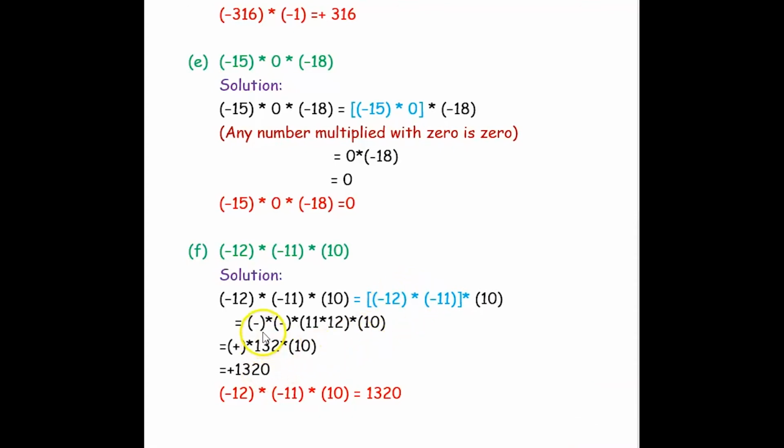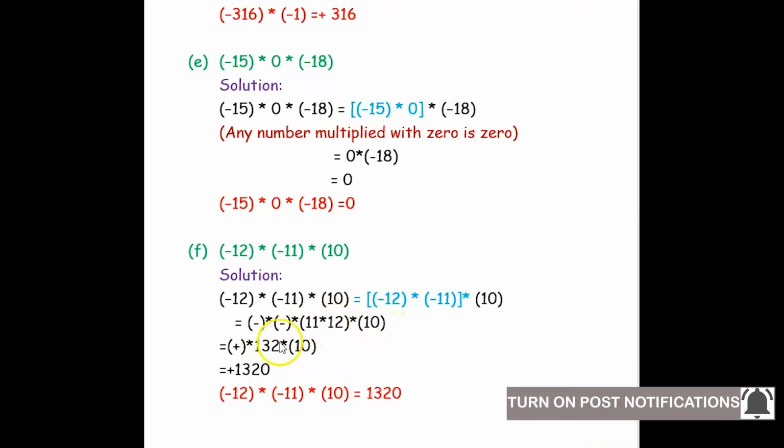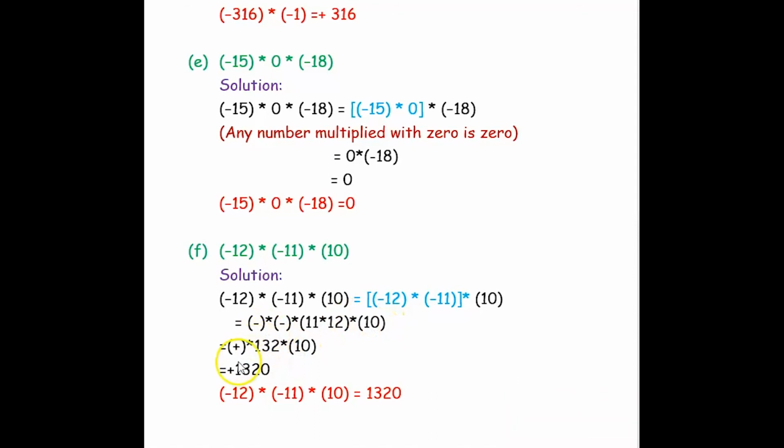So, I am writing negative into negative, 11 into 12, into 10, that is outside the parenthesis. So, negative into negative will become positive and we know that 11 into 12 is 132, into 10. So, now I can write this positive and 132 into 10 is 1320. So, therefore, negative 12 into negative 11 into 10 is positive 1320.